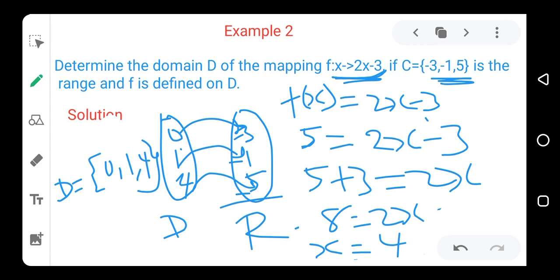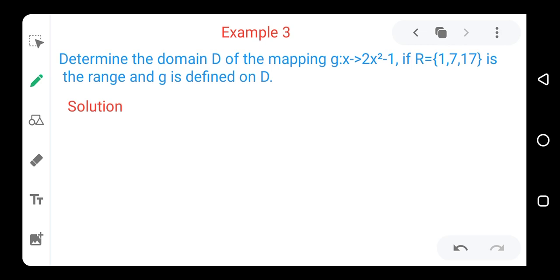Now let me solve one example again. Determine the domain D of the mapping G is a function of x where x is equal to 2x raised to the power 2 minus 1, if R, which is a set of 1, 7, and 17, is the range and G is defined on D. We draw this to give us a pictorial representation of what we are looking for.